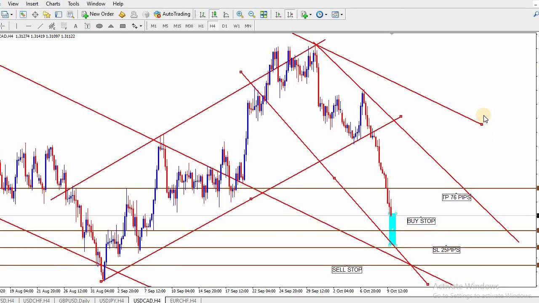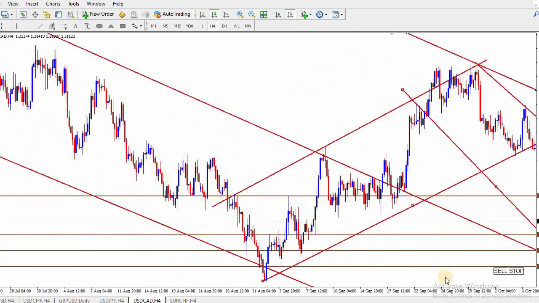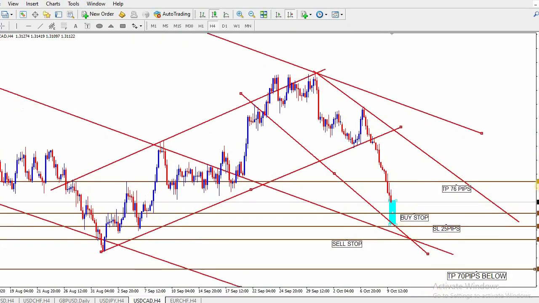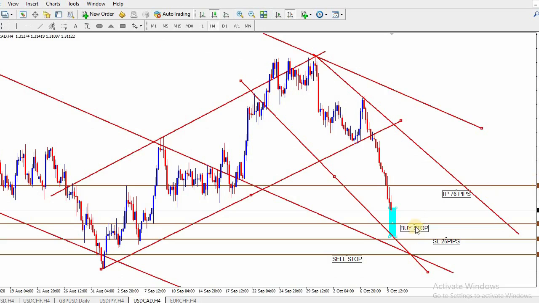So from what we have here, if the market gets to this point, a sell stop triggers, and then our trade executes, and the take profit is just below, and then our stop loss for the sell stop is about 25 pips.